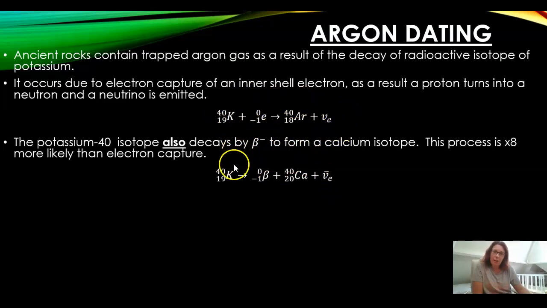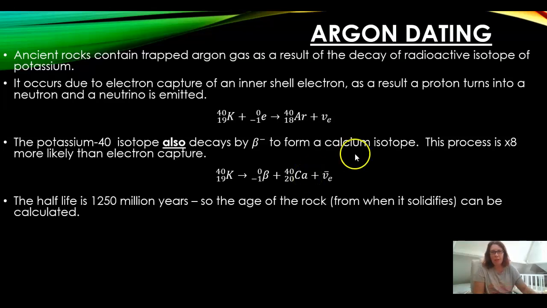So if I started with 9 potassium 40 nuclei, 8 of them would turn into calcium and 1 of them would turn into argon. If I started with 18, 2 of them would be argon and 16 of them would be calcium. Okay.